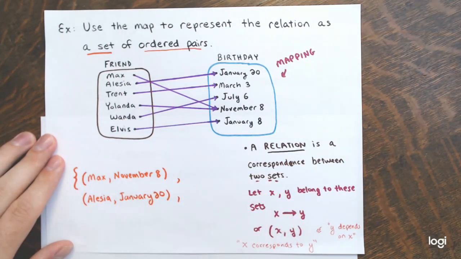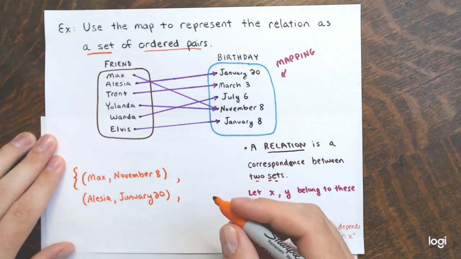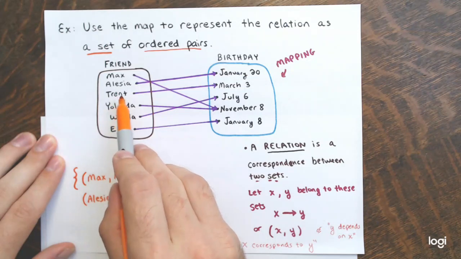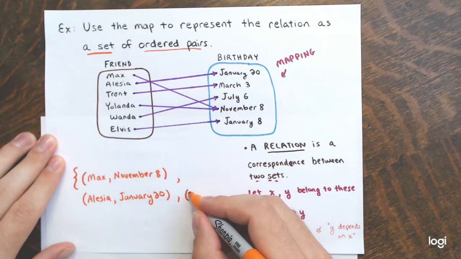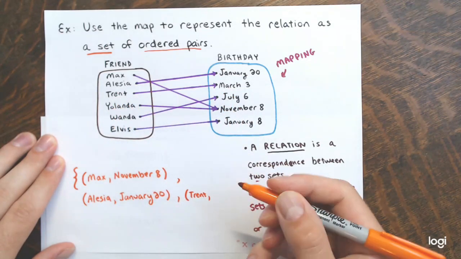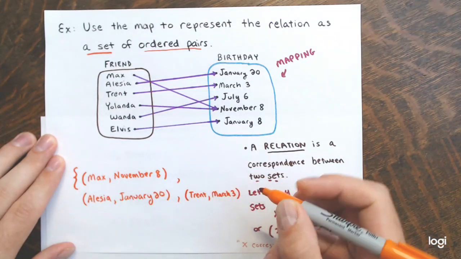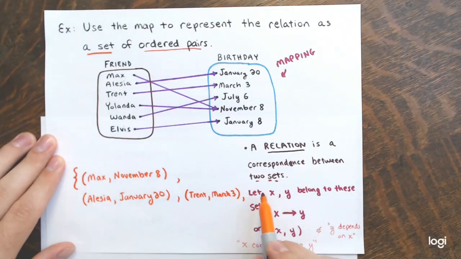And there's another ordered pair after the comma here. Trent from the first set corresponds to March 3rd. Trent, comma, March 3rd. Sorry about the clutter here.